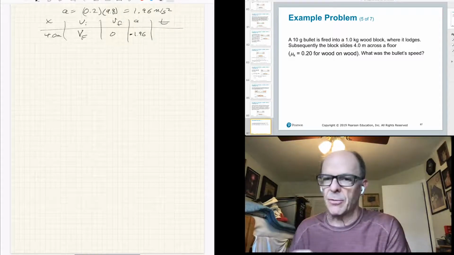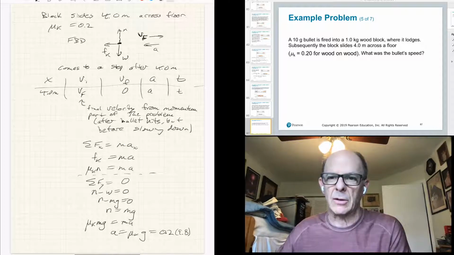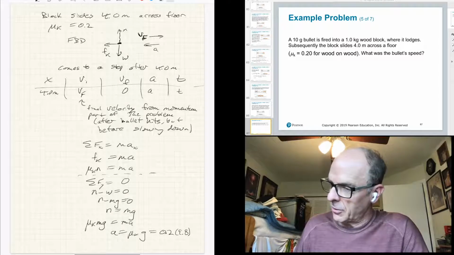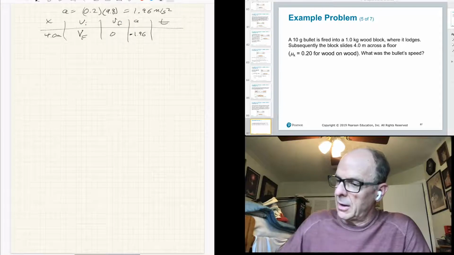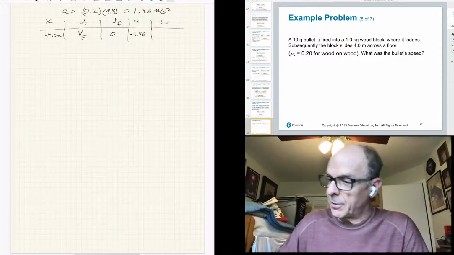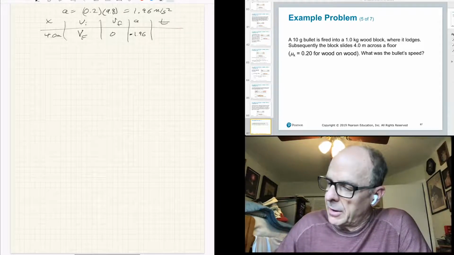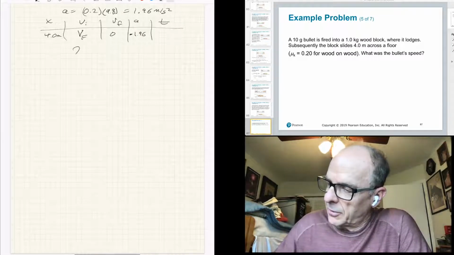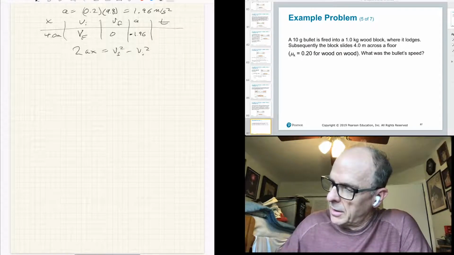We had that in our free body diagram, which you can see here at the top. It's moving to the right the way I drew it, but the acceleration is to the left. So the displacement is to the right, the acceleration is to the left. They have to be opposite signs, those two numbers. This is the number I'm going after. So I look at my sheet of paper with my equations on it, and I discover that 2ax is vf squared minus vi squared is the equation that I want.